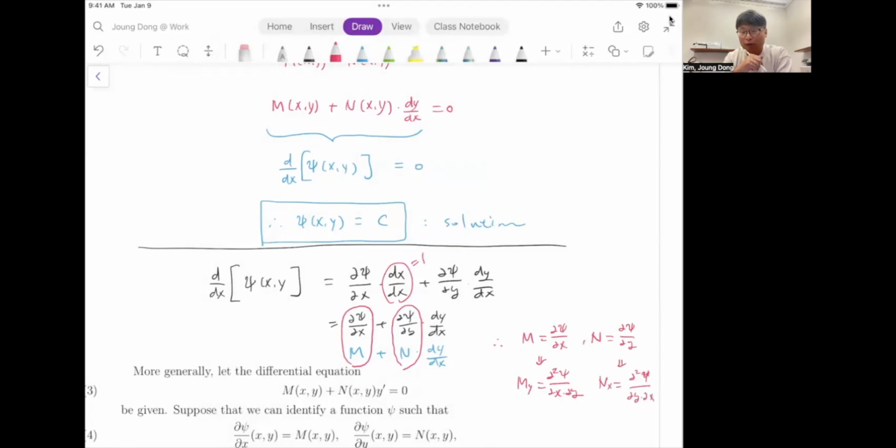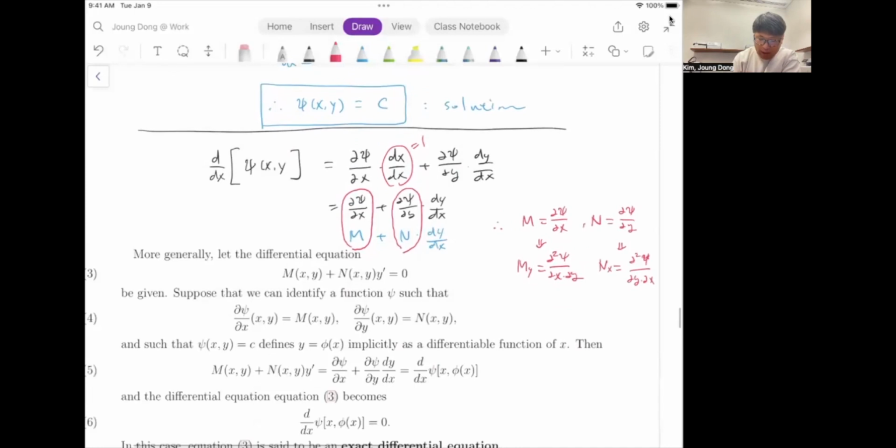What about these? d squared psi over dx dy and d squared psi over dy dx. As you know, the order of differentiation is not important for continuous functions. They are the same as each other, right? So what I can say is, as long as your M_y is equal to N_x, we can say your differential equation is an exact differential equation.